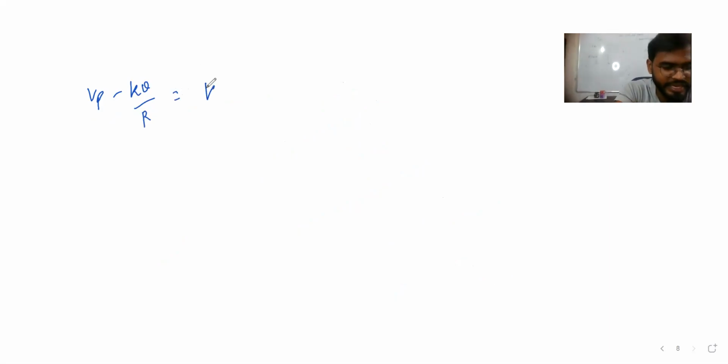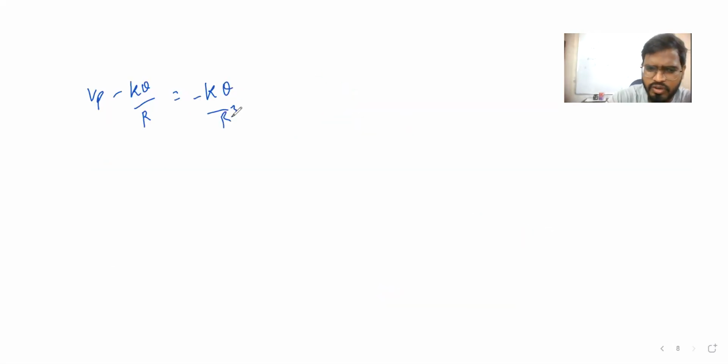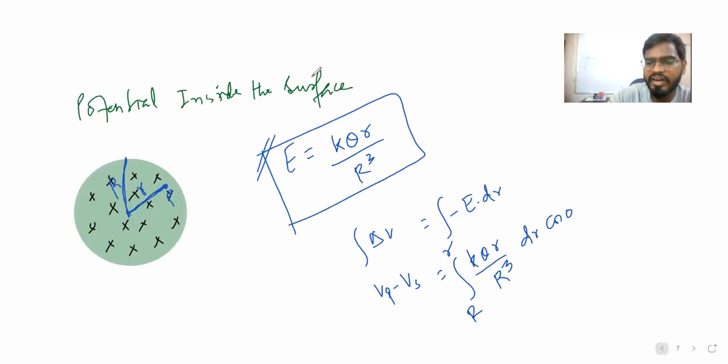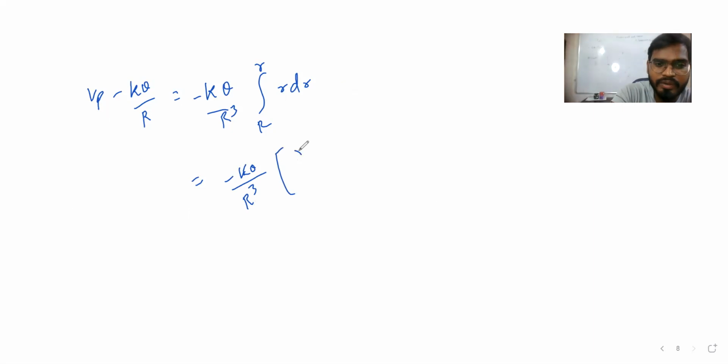Whatever is constant we can take out: Kq by R cube is constant. So r dr is what changes, from capital R to small r. Minus Kq by R cube, and the integration of r dr is r square by 2, from capital R to small r.